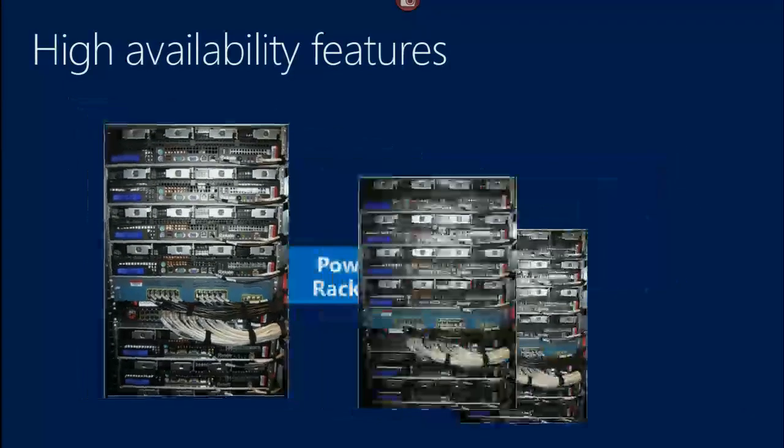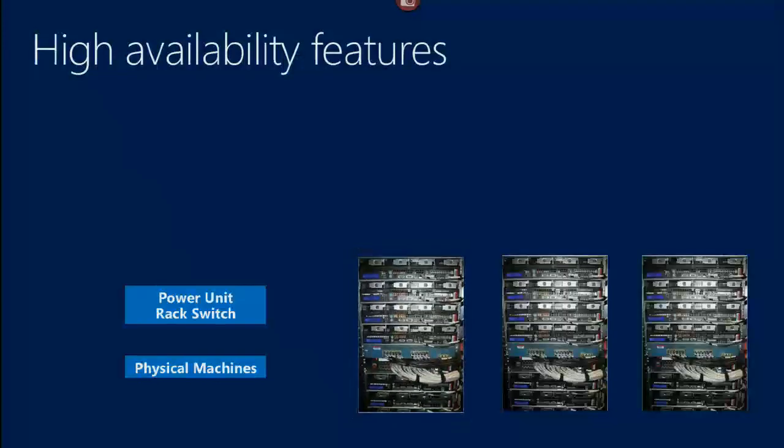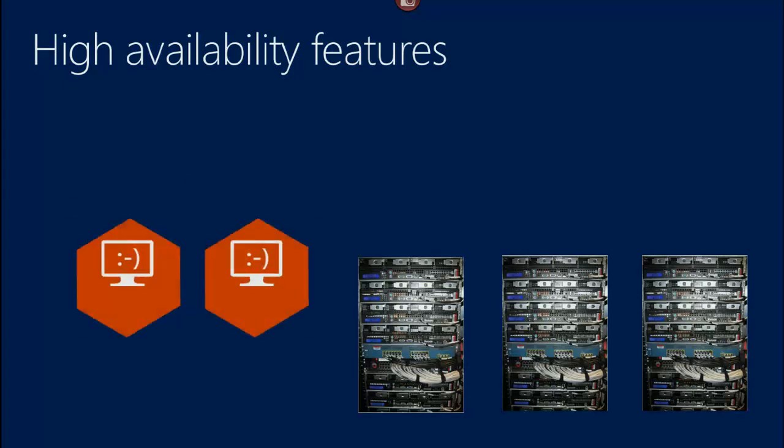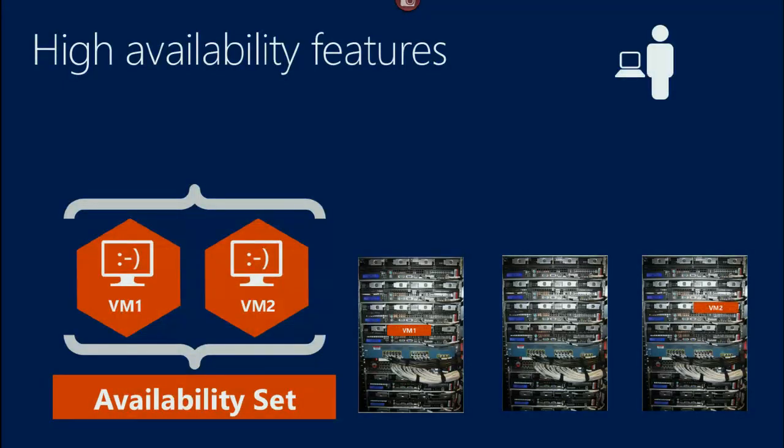So there's 3 racks, and if we have 2 VMs and we put them in an availability set, you can see that they're placed in 2 different racks, not just 2 different servers. And that is because the rack itself is a single point of failure. The top of rack router and the power PDU that manages the power on that rack can both fail, and we don't want both those VMs to go down.